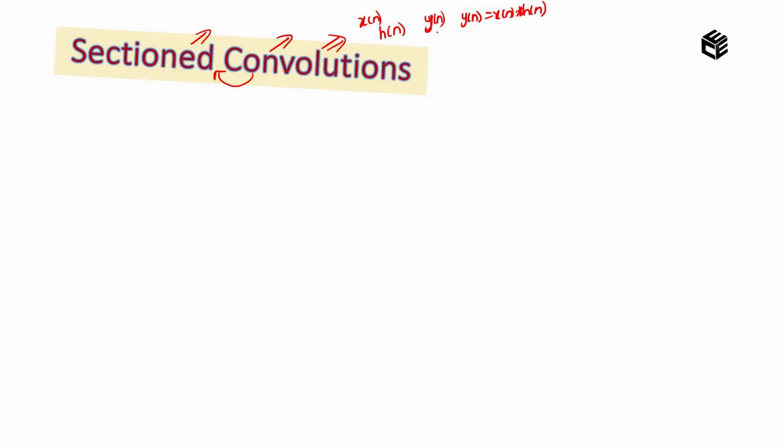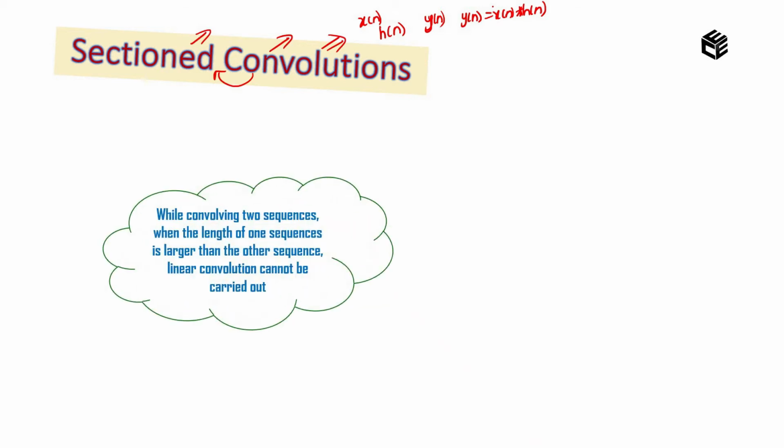Now, why is there a need for section convolution? The major cause is when the length of one sequence is larger than the length of the other sequence that are to be convolved, linear convolution cannot be possible in such cases. So we will be using an alternate method to perform convolution for sequences with such a criterion.